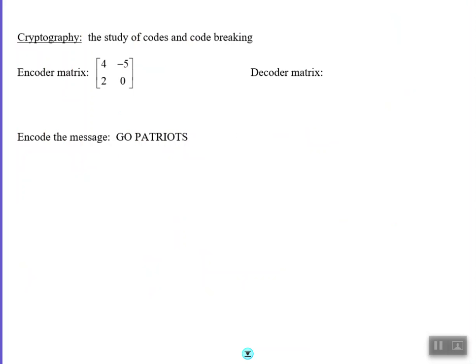So if we figure out the inverse of this matrix, we know we have 1 over the determinant, which is 0 minus -10. Then we have to rearrange our matrix. We switch A and D and negate B and C. So if we go ahead and multiply the scalar, we end up with our decoder matrix being 0, 1/2, -1/5, and 2/5.